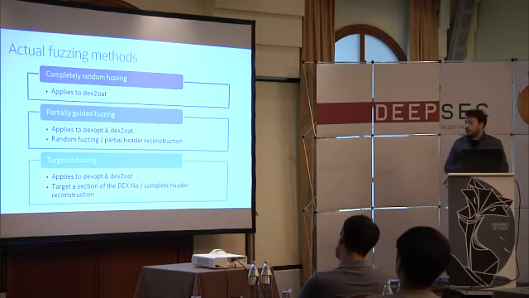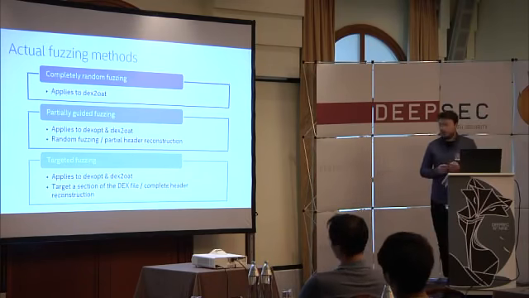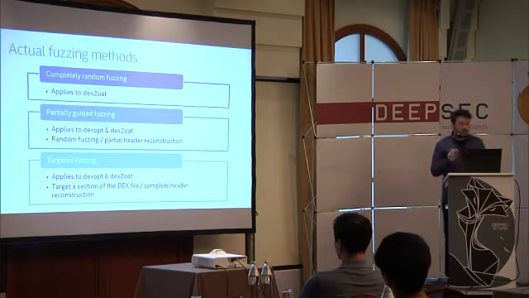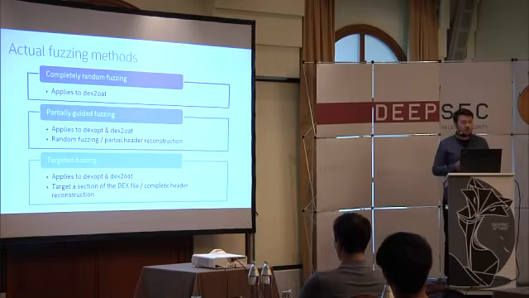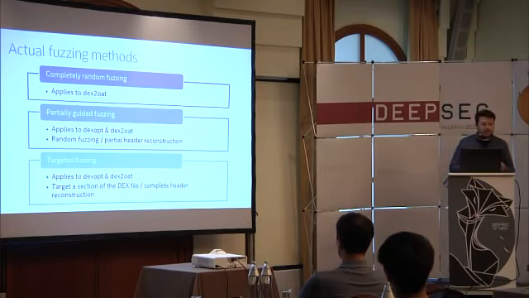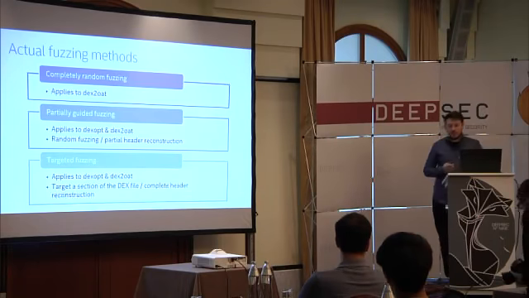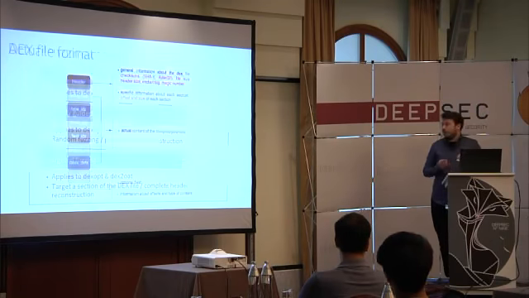And then we had the targeted fuzzing, which was to pinpoint an exact section of the DEX file and fuzz only that section, and then have more control over what things have changed, and more control over the header sections that we can modify.